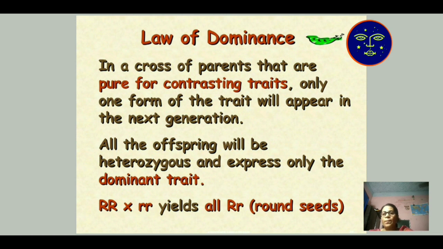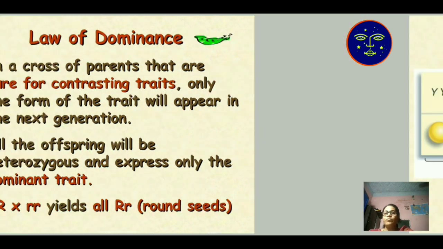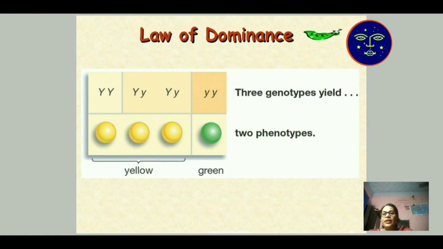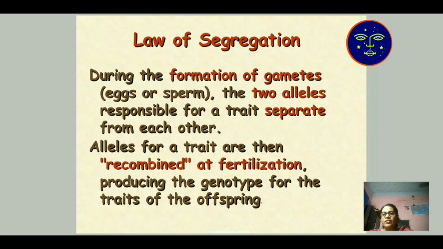In a cross of parents that are pure for contrasting traits, only one form of the trait will appear in the next generation. The dominating character is always transferred from parents to offspring. In the law of dominance, 3 genotypes yield 2 phenotypes.